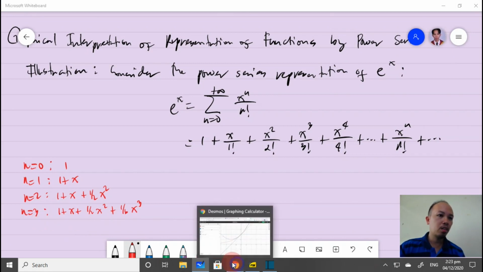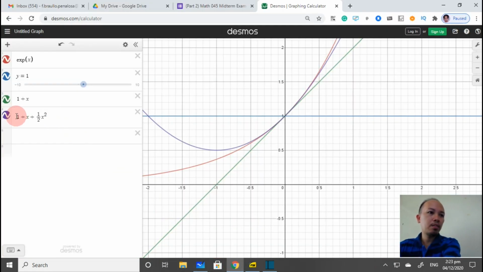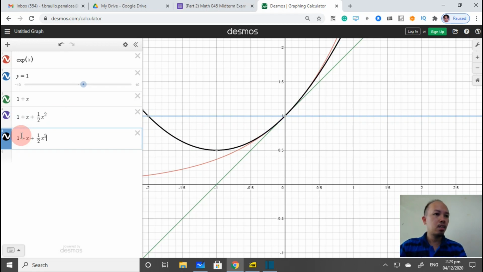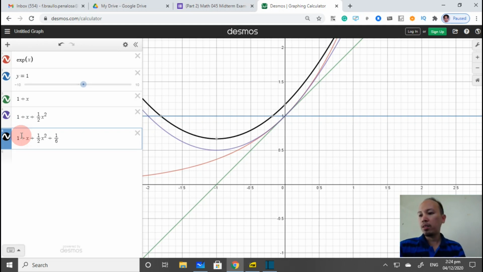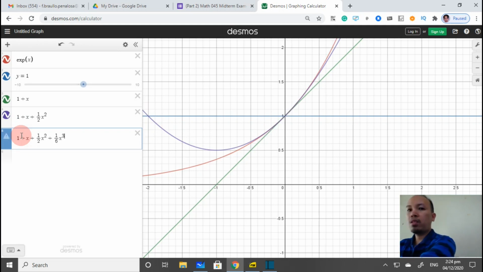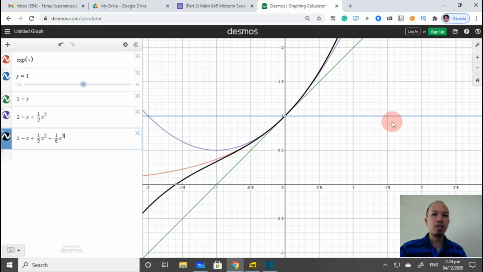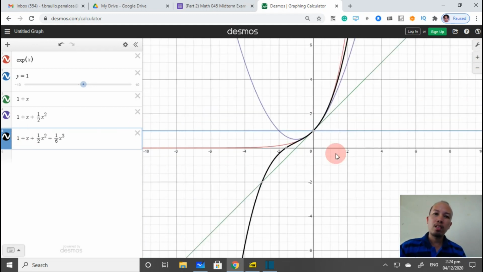Let's copy this one and then add more. We can add 1 over 6 times x cubed. As you can see, more and more points are approximated by this function, the black one.